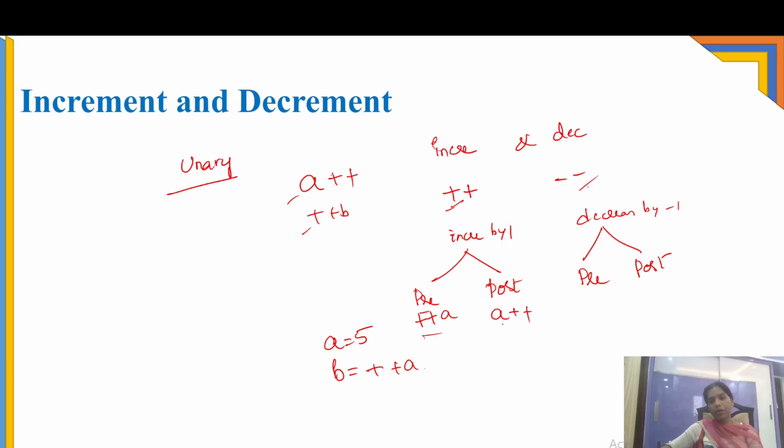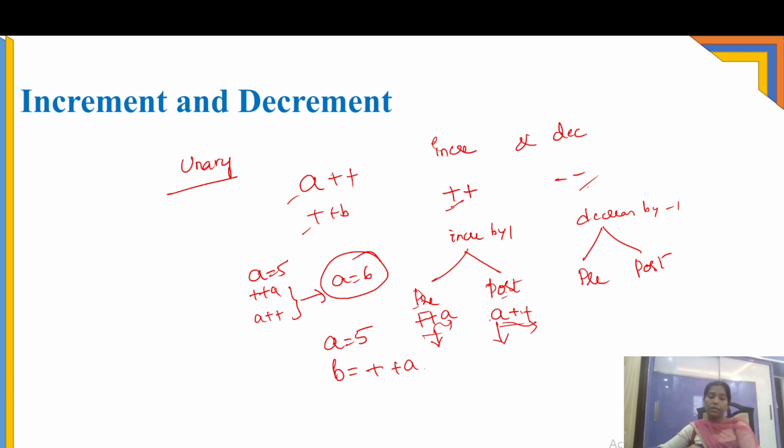These are the different names we use. Plus plus A is pre-increment, A plus plus is post-increment. In pre, it first changes the value, then assigns. In post, it first assigns the value, then changes it. Let us understand with an example. In both cases, if A equals 5 and you do plus plus A or A plus plus, both result in an A value of 6.